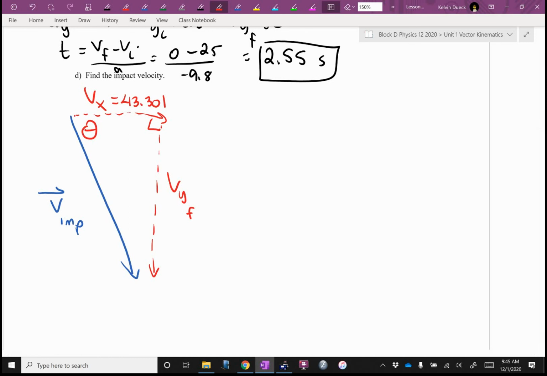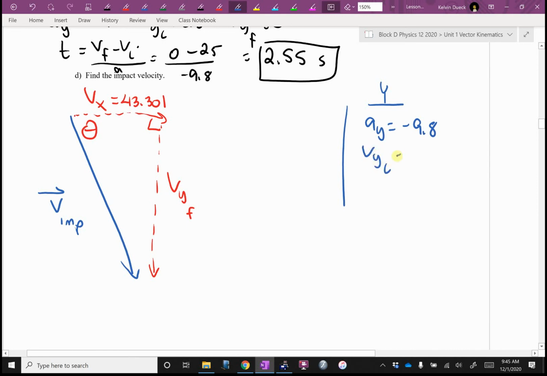Vy final. Vertical. Let's do a little mini vertical T-chart here. So I know AY was negative 9.8. There was my physics no-brainer. Oh, and I recall Vy initial was 25. I'd like to find Vy final.